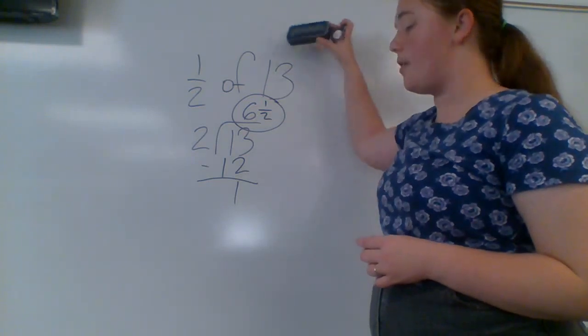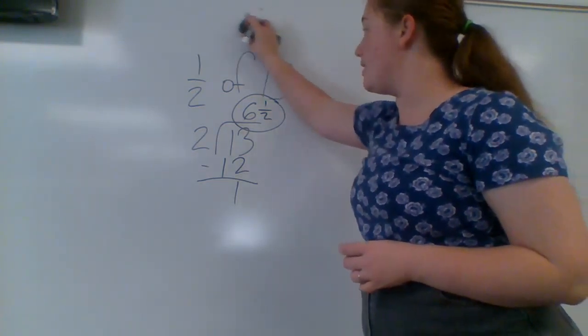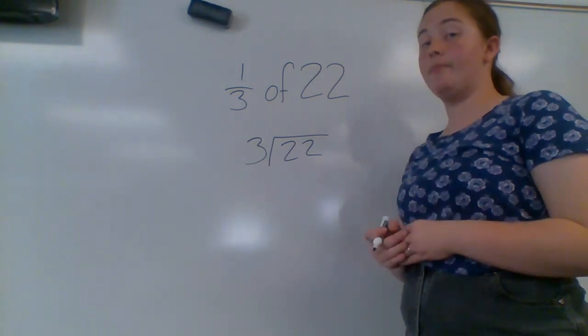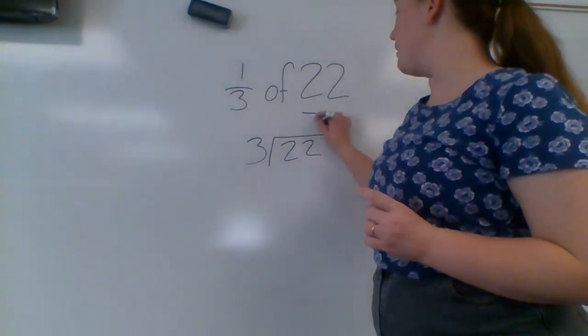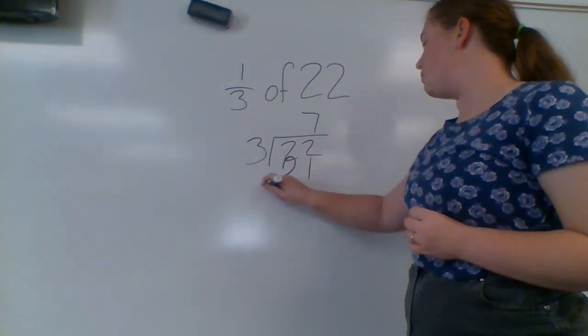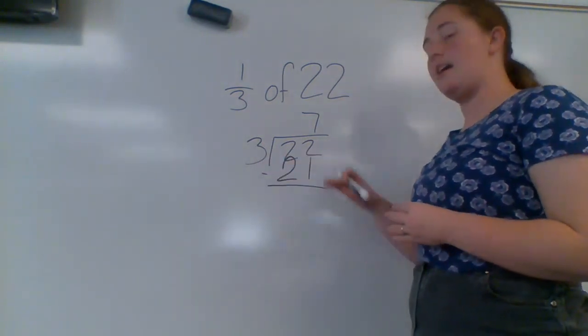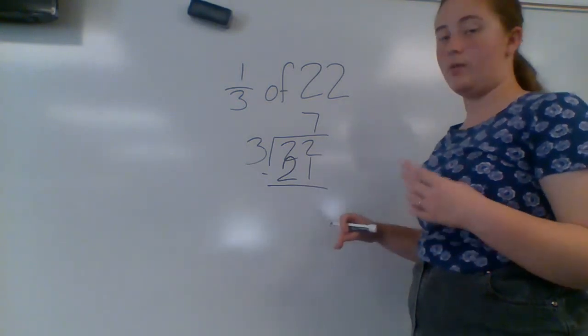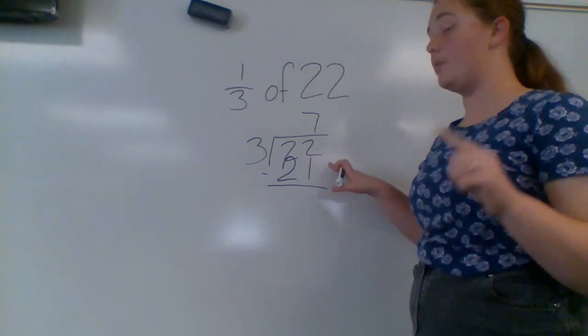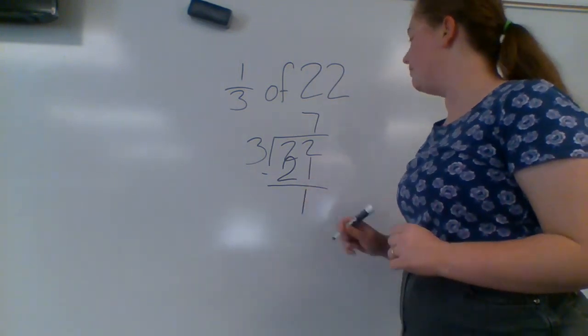Okay, let's go ahead and do letter B as well. 3 will go into 22 how many times? Right, 7 times. 7 times 3 is 21. And 22 minus 21 is, of course, right, we'll do 2 minus 1, that's 1. Good.